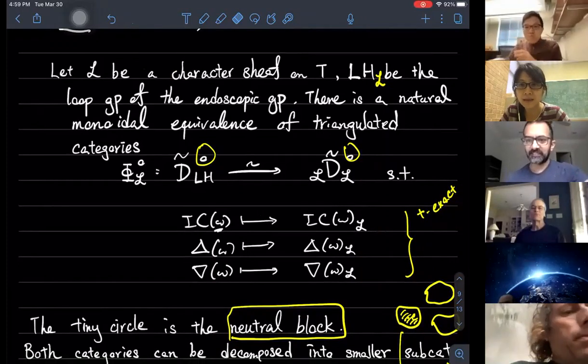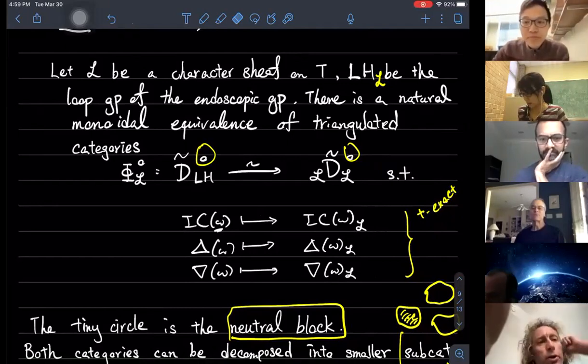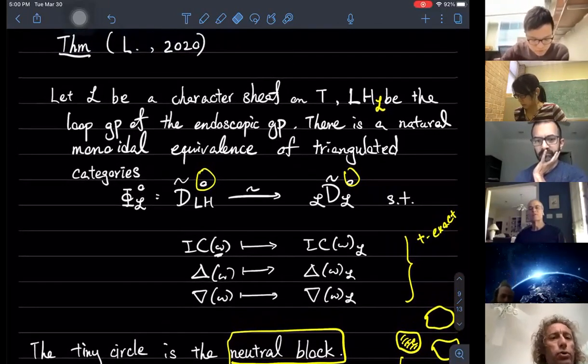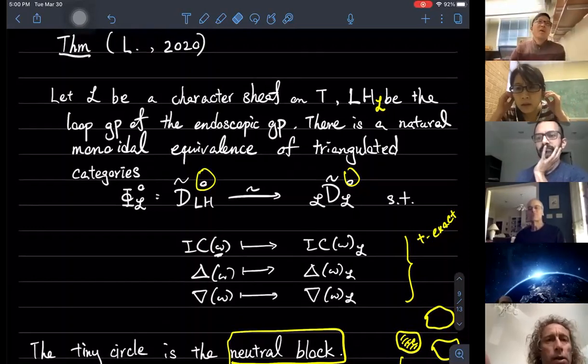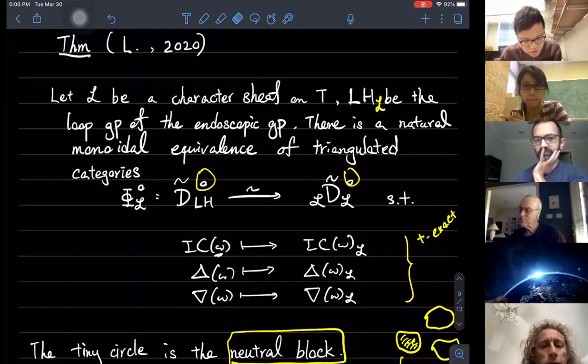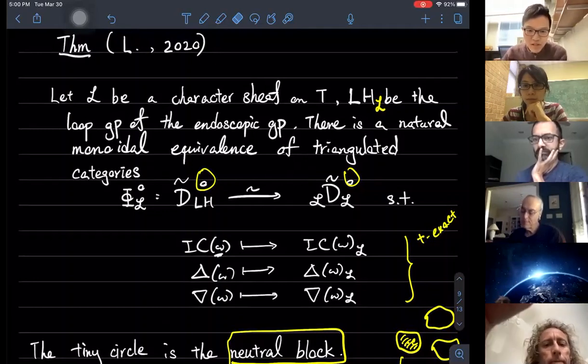Could you explain, do you expect the theorem to be true more or less as written as you go beyond the neutral block, or have you already discovered that there are some subtleties? I think to extend this neutral block equivalence to the non-neutral block, I have to compute certain three-cocycles.